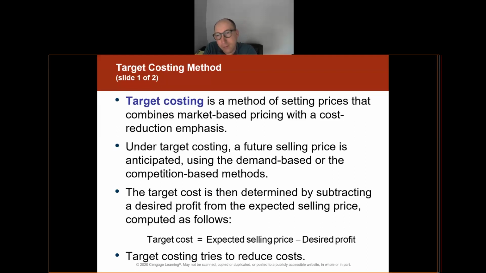Another method to set your sales price is called the target costing method. This takes market-based pricing and a cost reduction emphasis. In other words, reduce my total cost, increase my sales price. To find the target cost, we take the expected sales price minus desired profit.